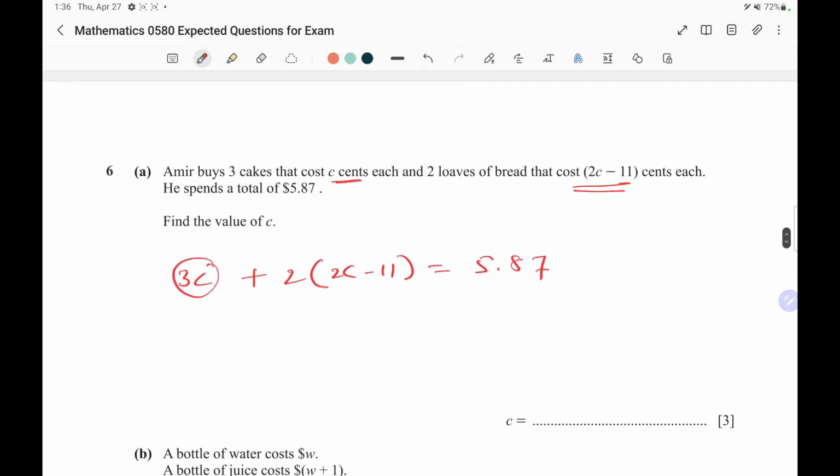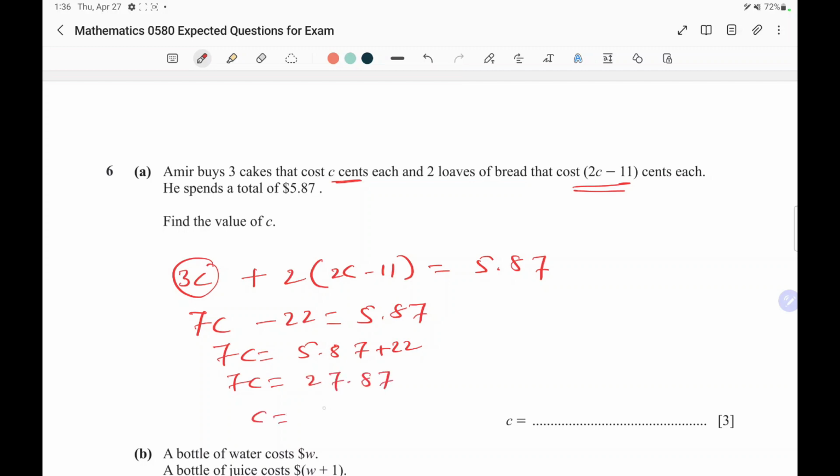Now this is 3C, and 2 times 2C is 4C, and then 4C plus 3C is 7C. 2 times minus 11 is minus 22, and 5.87. So 7C is 5.87 plus 22. So 7C equals 27.87. So C is 27.87 over 7.